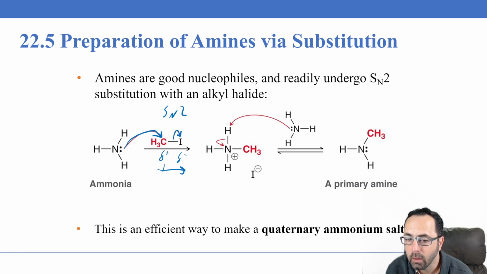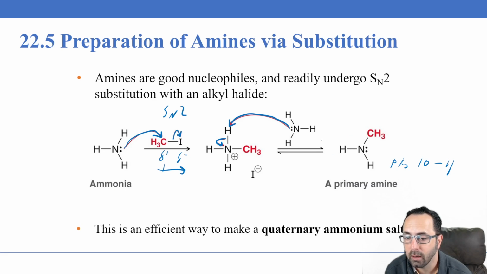And so at that point, if we are in the presence of any base, this will be deprotonated if the pH is in the higher ranges, above 10 or so, because the pKa of this is about 10 to 11. So if you're in a basic environment, pH 10 or 11 or higher, you can then deprotonate, and there is an equilibrium here, right?